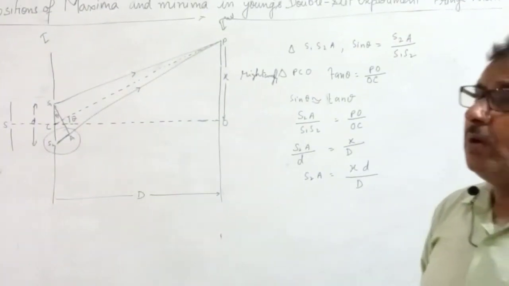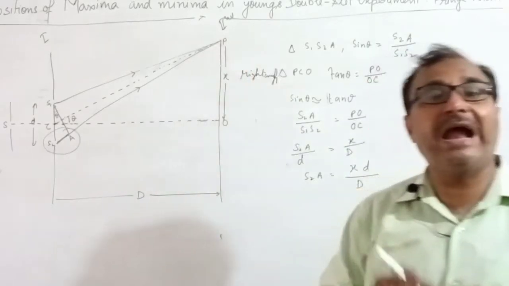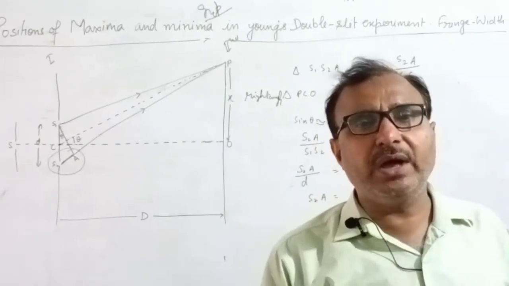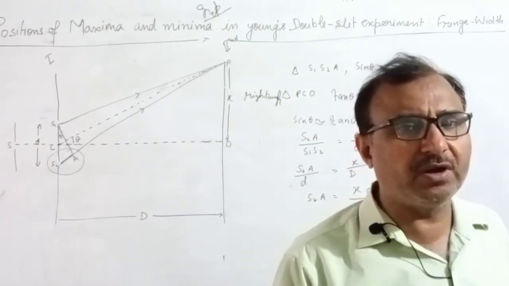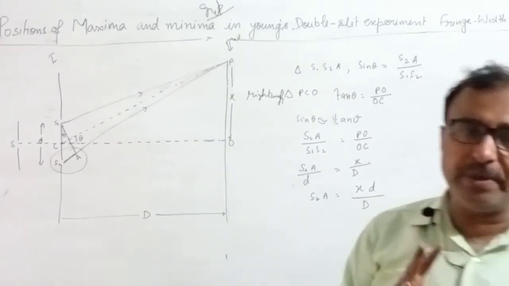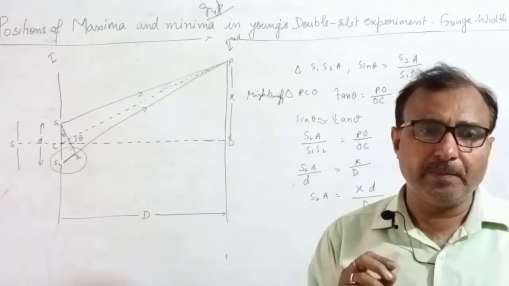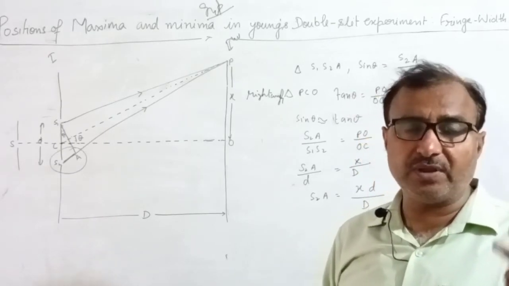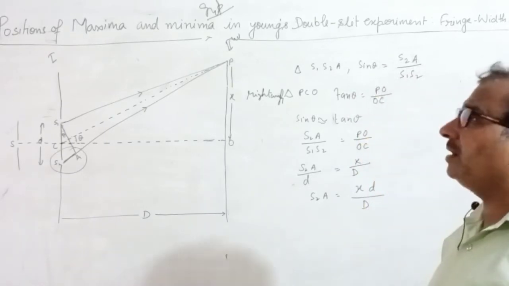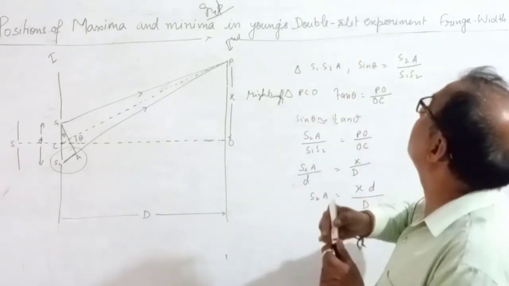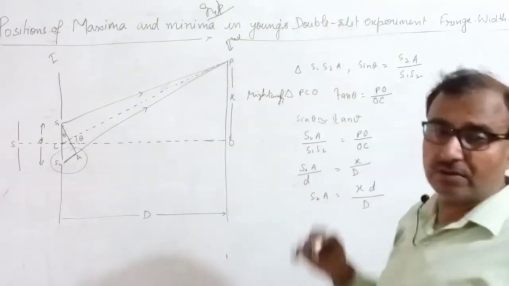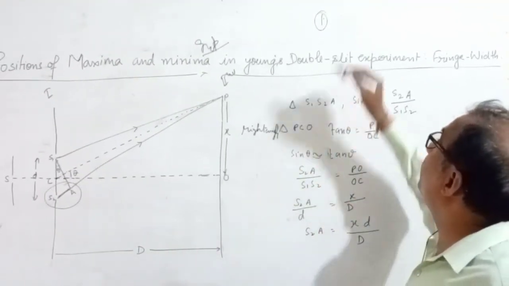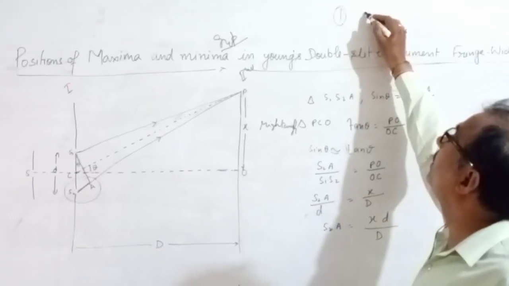As you know, if at point P we get bright fringe, there are two conditions for constructive interference. These are also very important. Listen carefully. Number one, for constructive interference, the phase difference between two waves should be what?